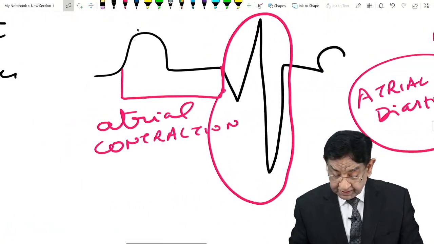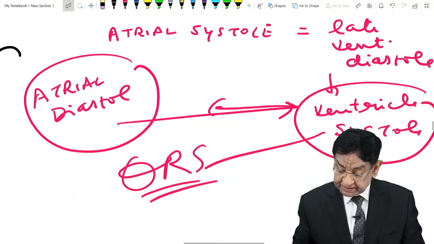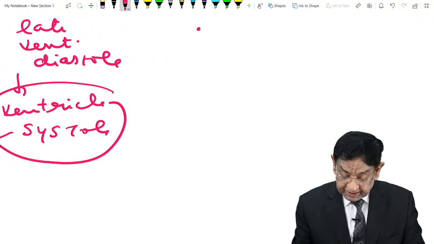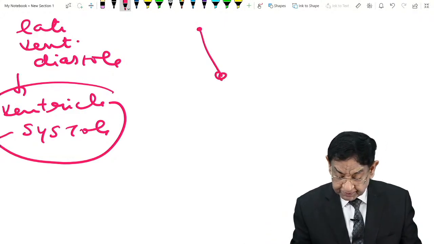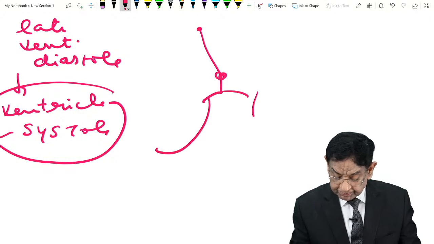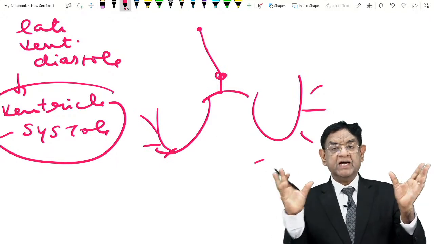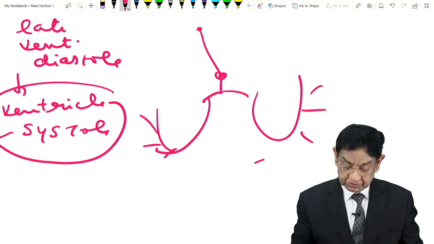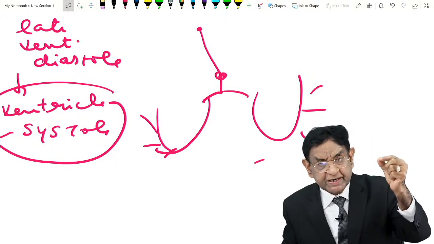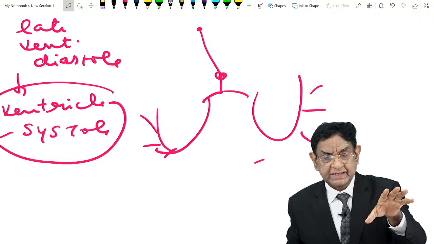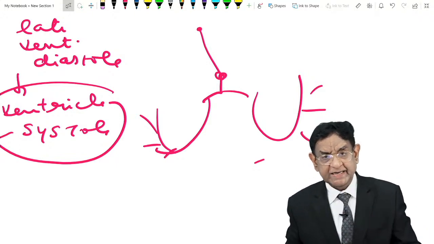Well, PR interval. The impulse is coming from the SA node and it has to come to the AV node, and the impulse has to go down in the ventricle so that the ventricle will start contracting. So the impulse has to come from the SA node or atria to the ventricle, to be more precise. This interval is called the PR interval.